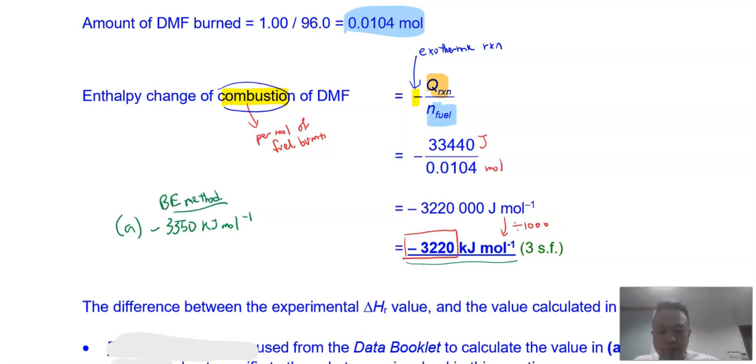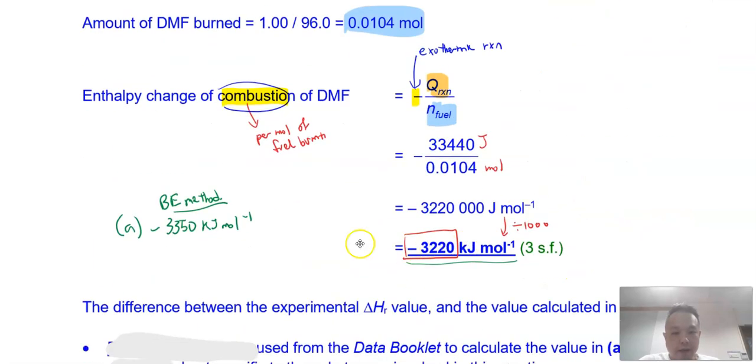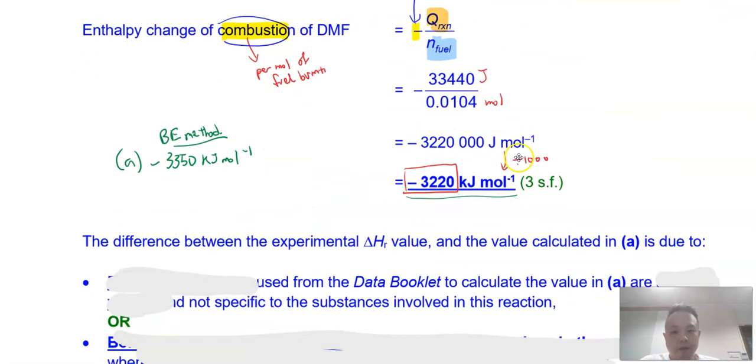This is our experimental value. Some of you may be tempted to say that, since this is experimental, there will be heat loss. Okay, this is not valid. Why isn't this valid? Because if there is heat loss, it's already accounted for. I already said there's 20% heat loss. So you cannot account for the difference due to heat loss because in the calculation, we already factored in the heat loss. So why is there a discrepancy then?